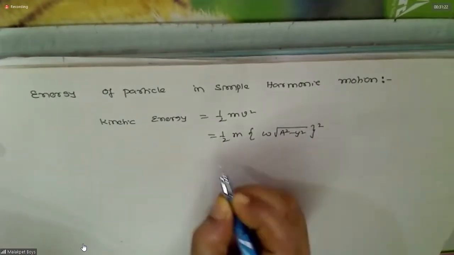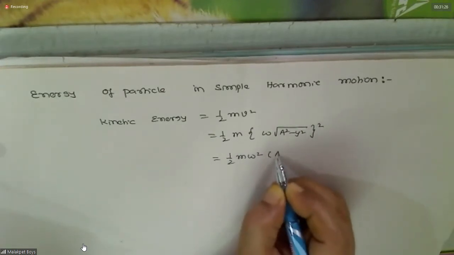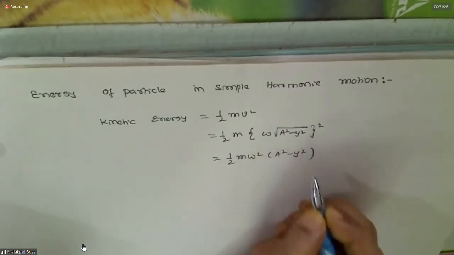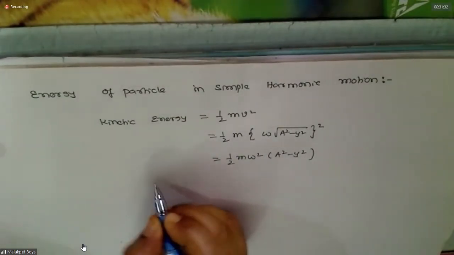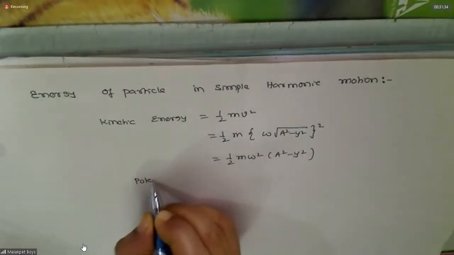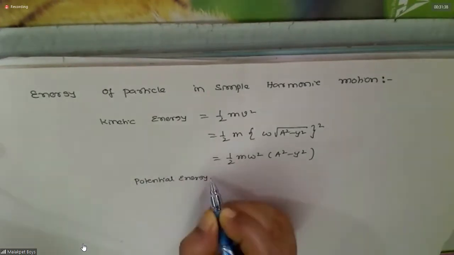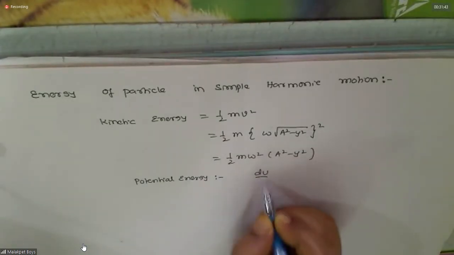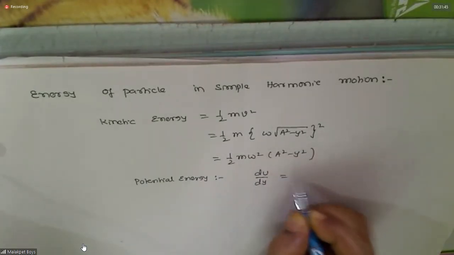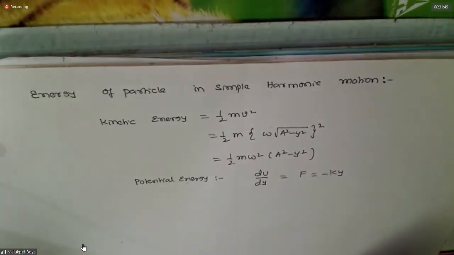Remember this? Is it clear? Then you know that there is nothing like... how do you define potential energy? See, you know that dU by dy is F, that is minus ky, no? Remember in SHM?